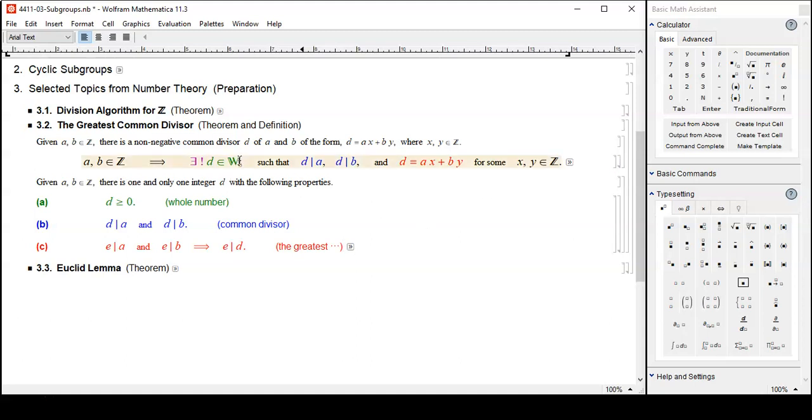The GCD is greater than or equal to 0. It always exists uniquely, and it's a common divisor, and it satisfies this linear combination for some integers x and y, ax plus by form. And that gives rise to the greatest common divisor. That is, every common divisor divides d.